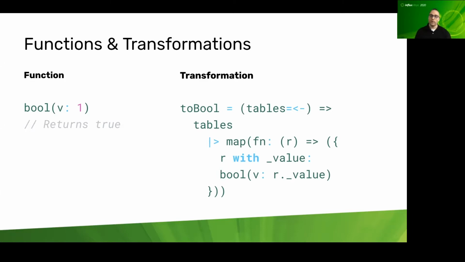So I would create this custom transformation called toBool, which takes the input tables and uses the map transformation to convert the value in the value column to a Boolean value. Notice that this operation uses the bool function to operate on each row in the input tables. Both of these already exist in Flux, both the bool function and the toBool transformation.